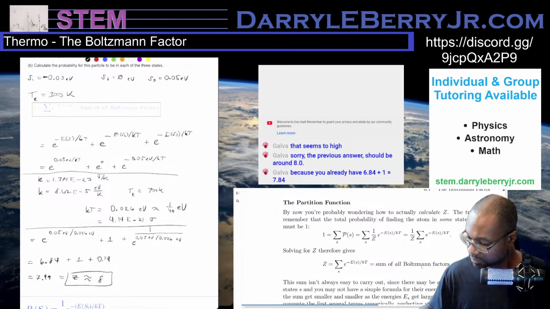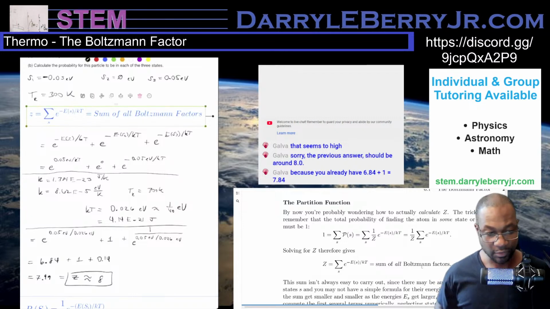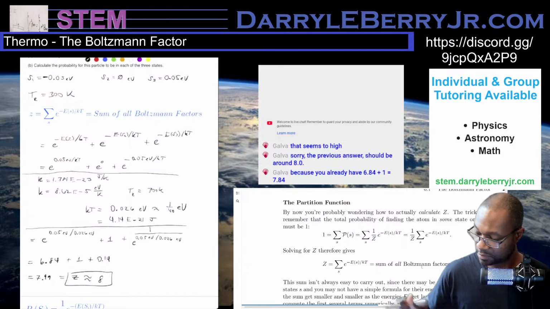All right. We have Z equals the sum over states of e to the negative energy of that state divided by kT, which is the sum of all the Boltzmann factors.